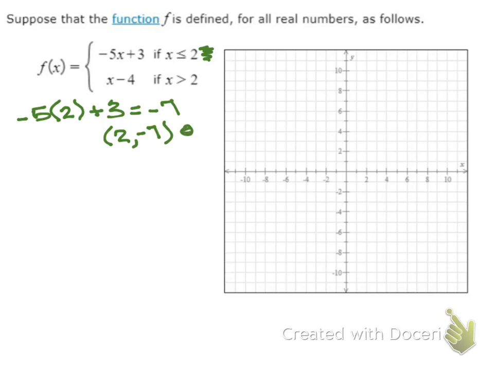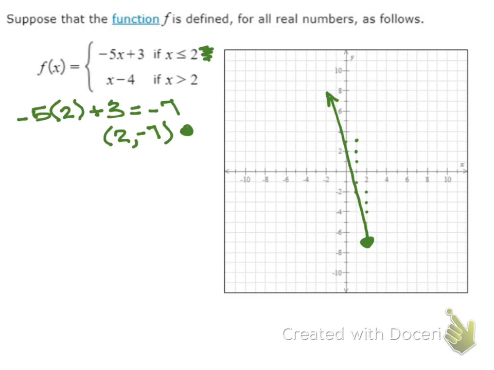It's less than or equal to, so that's going to be a solid circle. My slope is -5, and we need the graph going less than 2. So for a slope of -5, we would go either down 5, right 1, or up 5, left 1. So here would be my line there.